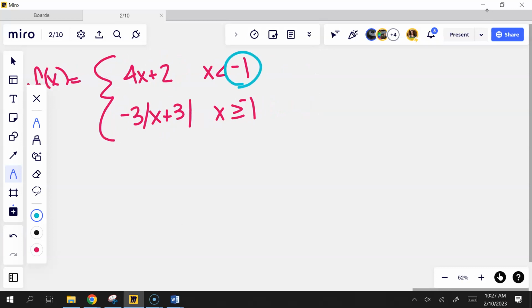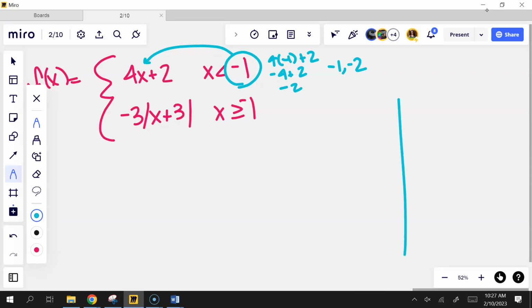And I'm going to say, okay, if I plug in -1, what do I get? So I got -1, -2. Is that point open or closed? Why? That's right. There's no line under it, so it's open.